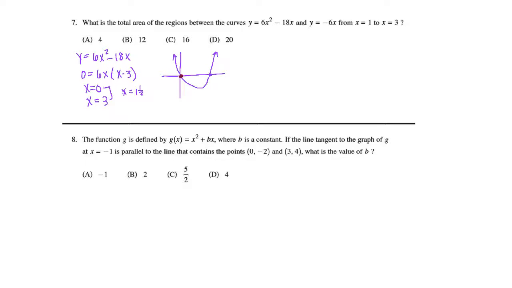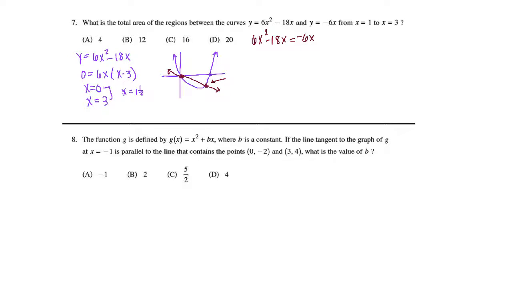But now if we extend this line and we know it has a negative slope, it looks like we're going to intersect our parabola in more than one place, more than just at 0, 0. So we need to see what the x value is at that point. In order to do that, we just set our functions equal to each other. So 6x squared minus 18x equals -6x.